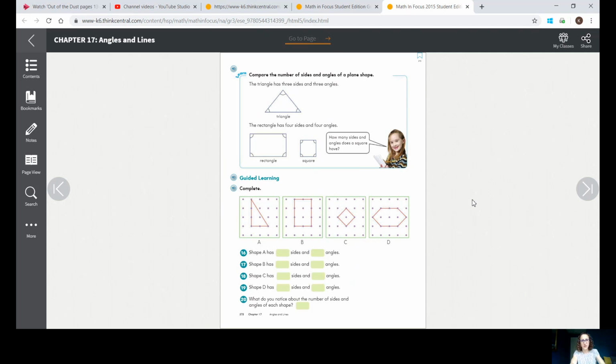Okay, let's go down here where it says complete. So shape A has blank sides and blank angles. Why don't you pause me while you go through these very quickly and just jot those answers down, and then I'll share the answers with you in a moment.